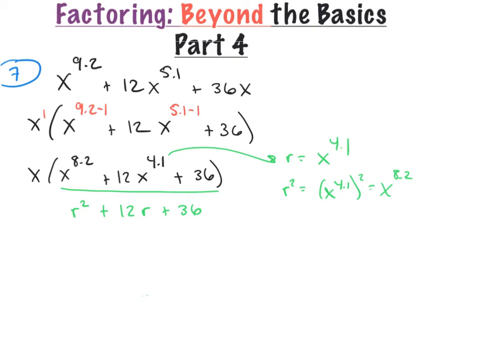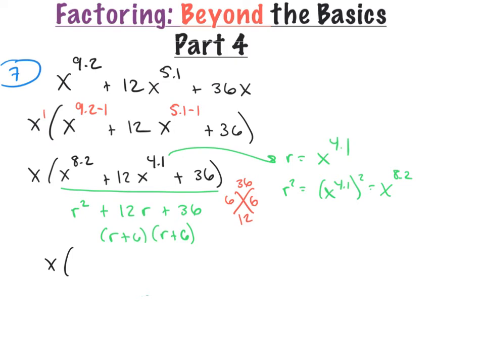Again, pretty nice to factor. Two numbers that multiply to be 36 and add to be 12 are 6 and 6. So this is going to be r plus 6 and r plus 6. And going back to x's, don't forget our GCF that we had on the outside.